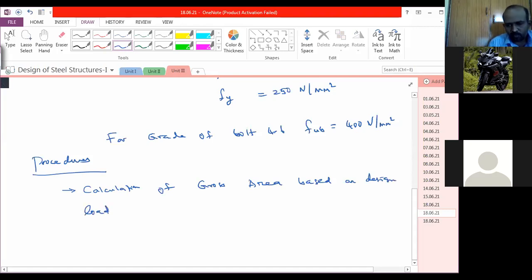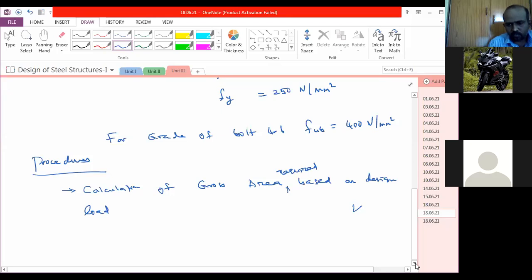Based on the design load, we have to calculate the gross area required.